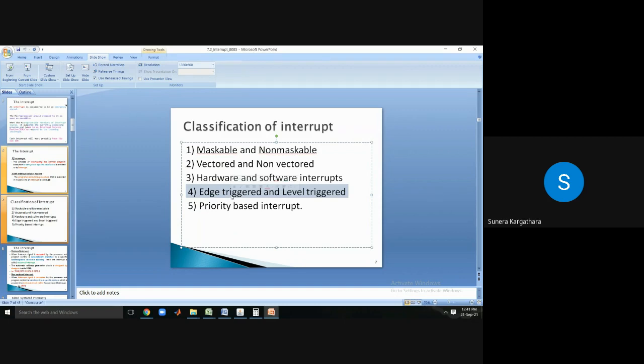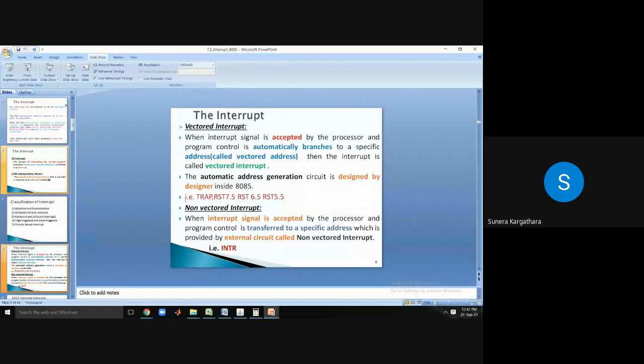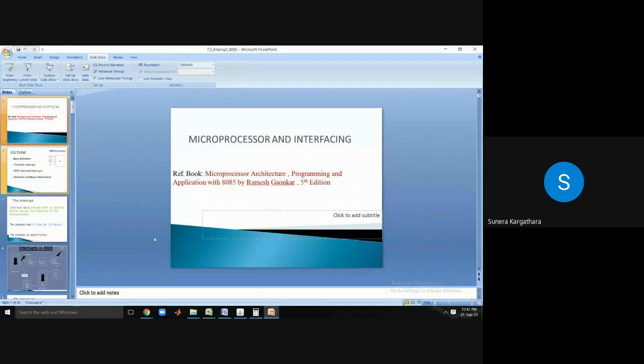But it should be clear that we trigger our interrupt enabled flip flop through a pulse. In a pulse we have four logics: positive edge, positive level, negative edge, negative level. Depending upon the instant at which you trigger your flip flop, you have edge trigger or level trigger. So this classification must be known to us.